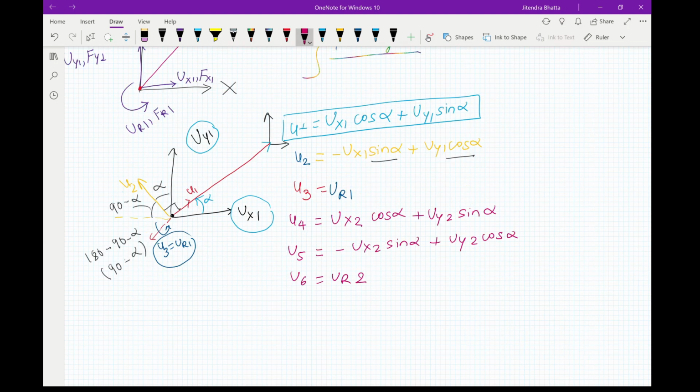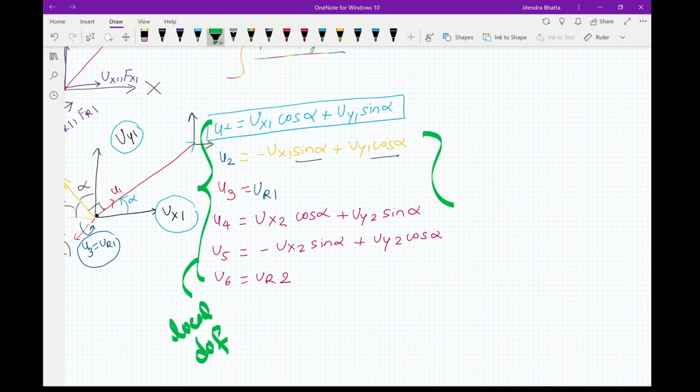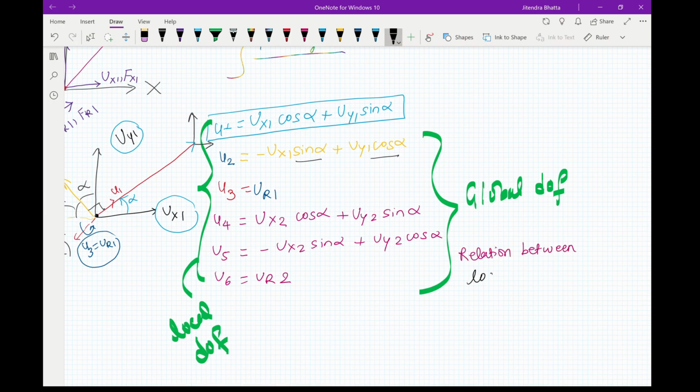Similarly, now you can see here that the left hand side is composed of the local degrees of freedom, and the right hand side is composed of the global degrees of freedom. Therefore, this gives us a relation between the local degrees of freedom and global degrees of freedom.